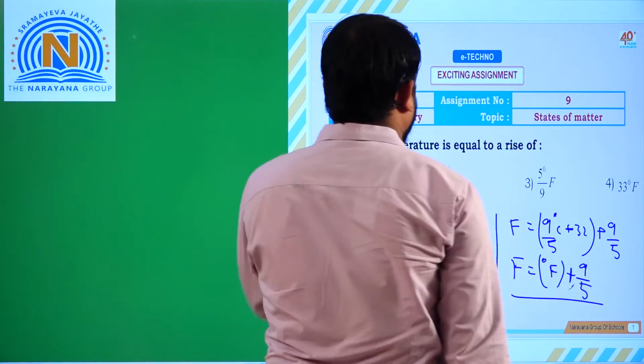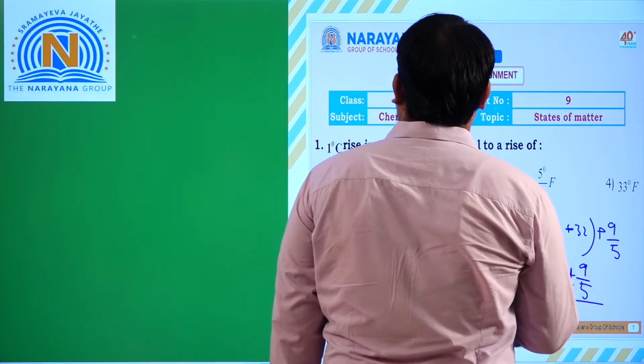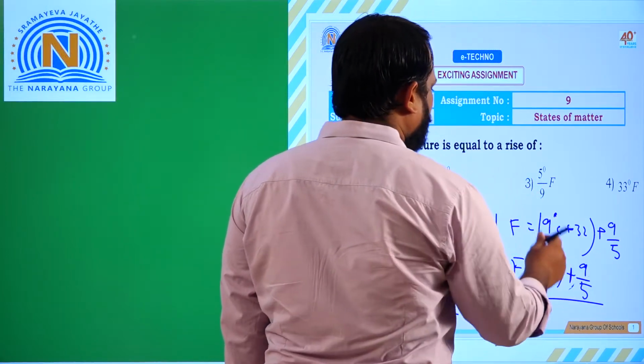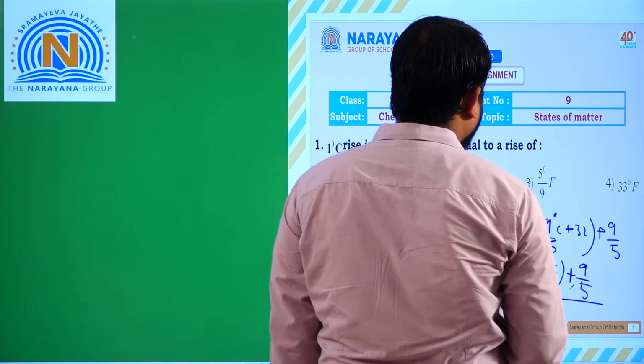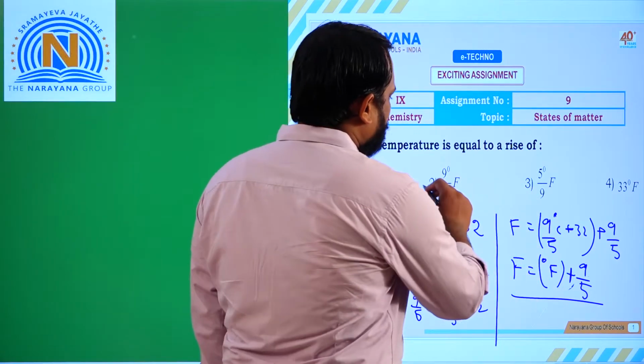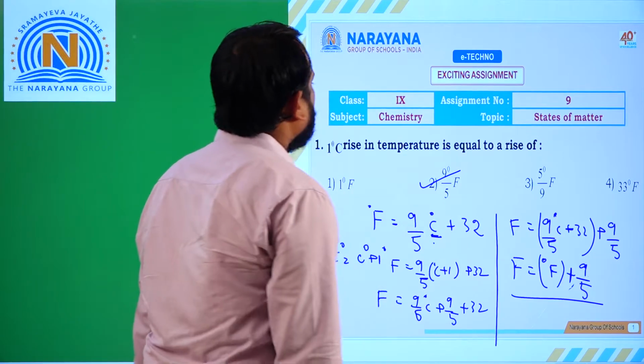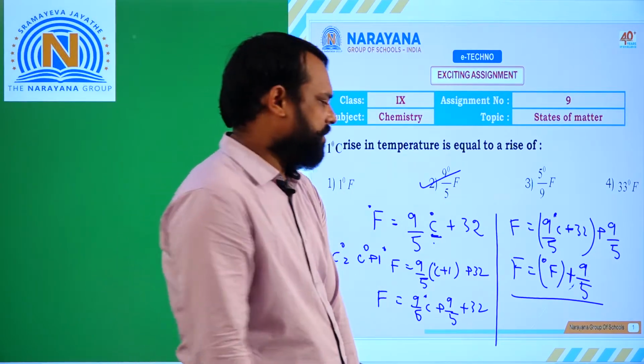That means a 1 degree rise in temperature is equal to a rise of 9 by 5 degrees Fahrenheit. So which option? The second option is correct. Next we will move to the next question.